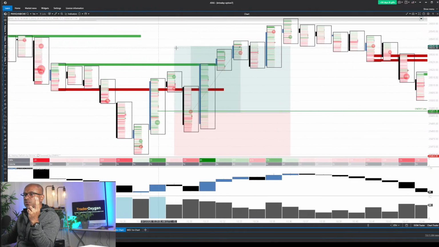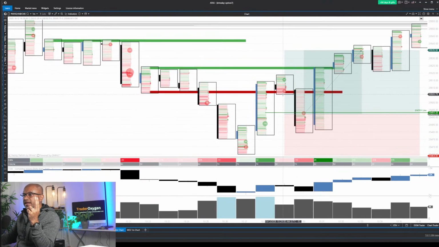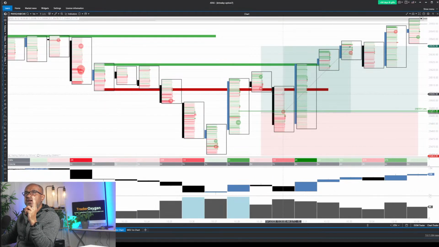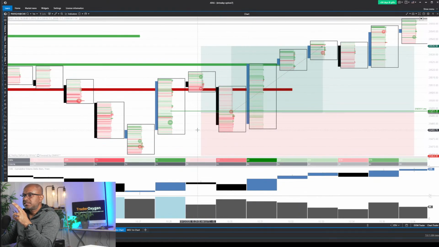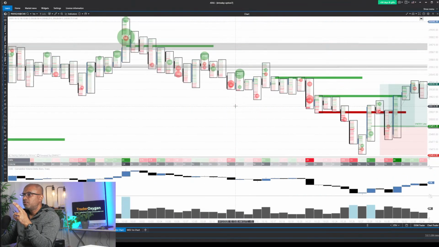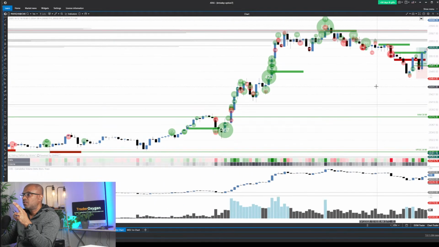What I now see is not the standard candlestick chart. I can see the candles, but I can see the footprint as well and the volume profile for each candle. I will zoom down to make it clear to you guys.